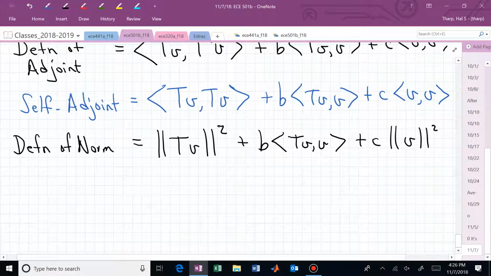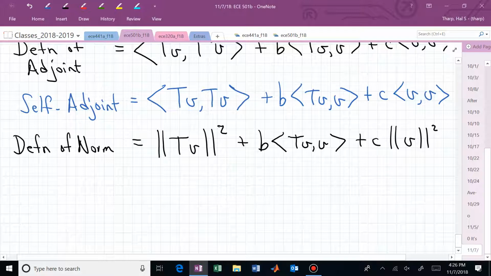I have TV and V as norms, or norms squared. I can actually get those same norms on that centerpiece if I use Cauchy-Schwarz. So now I want to find a lower bound on this.